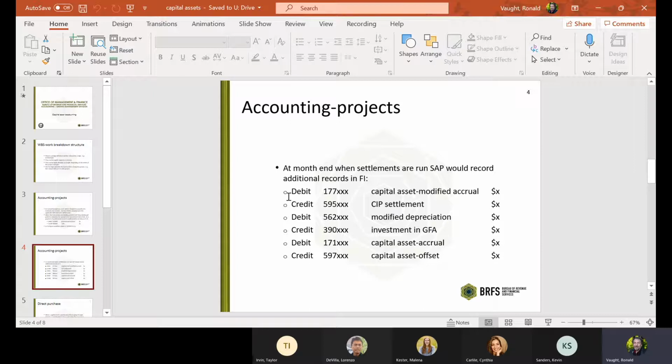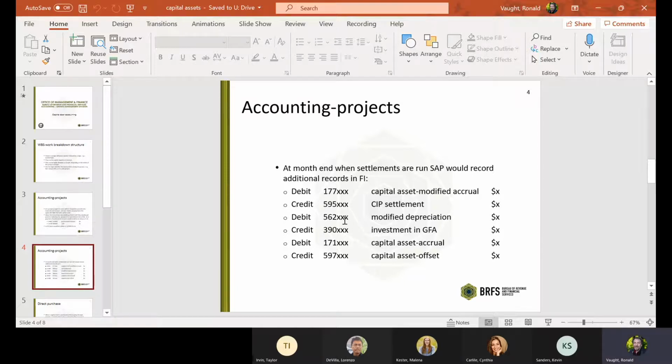But what happens is that when we run the month-end settlement process, every time that SAP runs across a record that has one of those WBS elements on it, it will do a whole bunch of journal entries during the settlement process. So it will debit a 177 account, which is capital asset modified accrual, and it'll credit a 595 CIP settlement account. So that'll be one document.